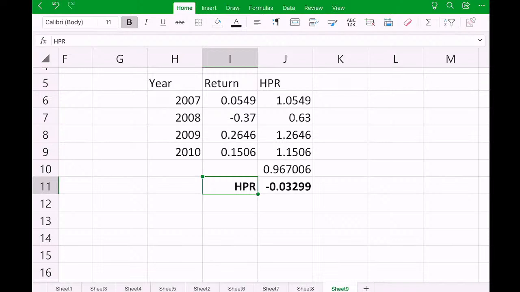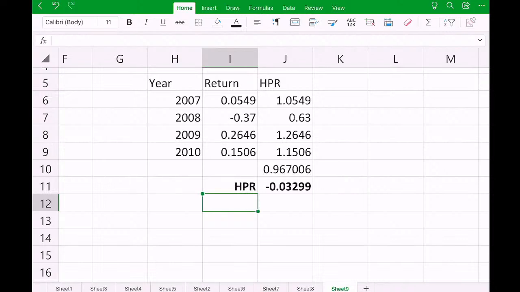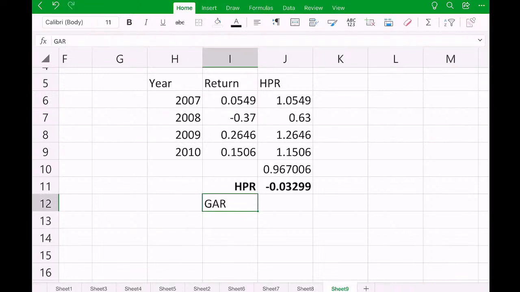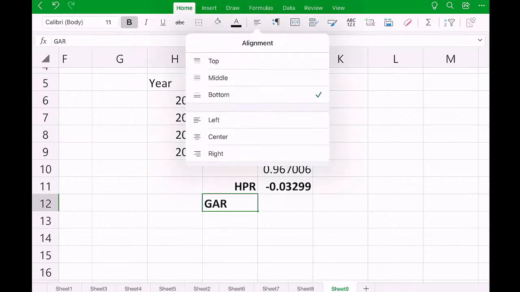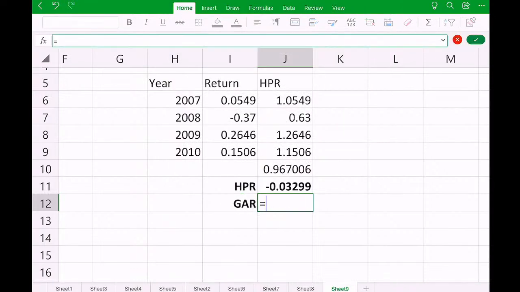And if you want to get the geometric average return or geometric mean, then this is just the square root of this one.